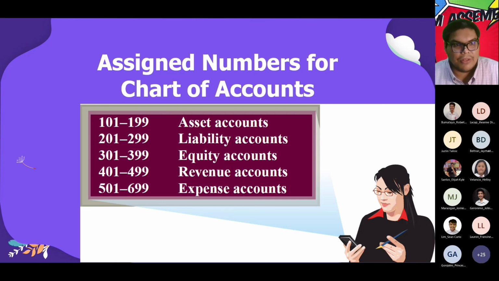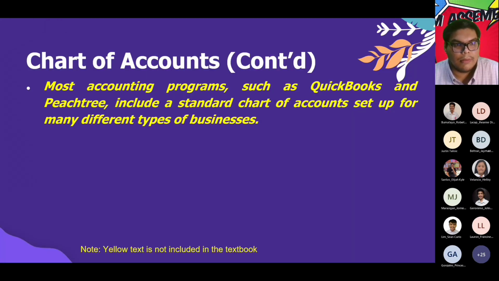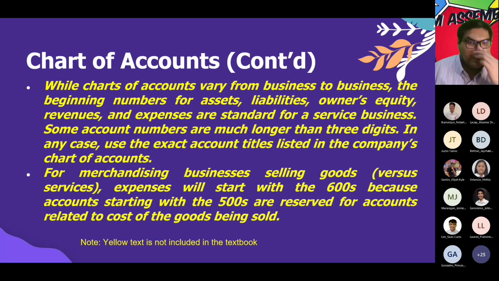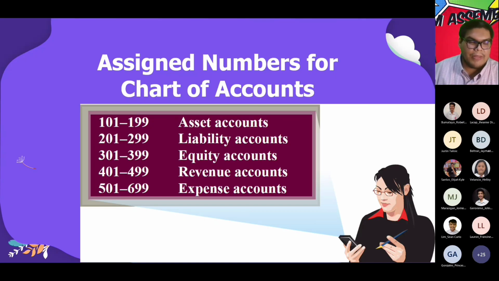Because sometimes, for merchandising companies, 500s are reserved for cost of goods sold. Pero kung service naman tayo, which is our focus for now, 500s is an expense account. But sa merchandise, it will be 600s.